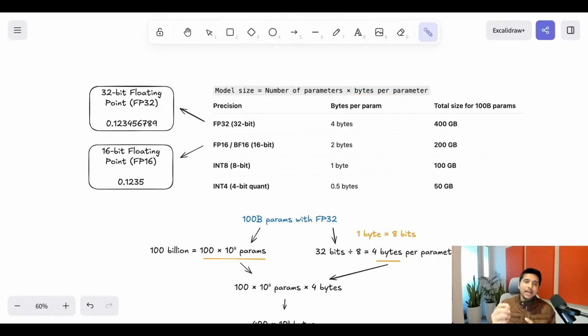Let's say we have floating point 32 bit, so one number will look something like this. If you consider 16 bit, here we have 32 bit and here we have 16 bit. Based on the precision, a 32 bit number has more precision than what you can see in the 16 bit.